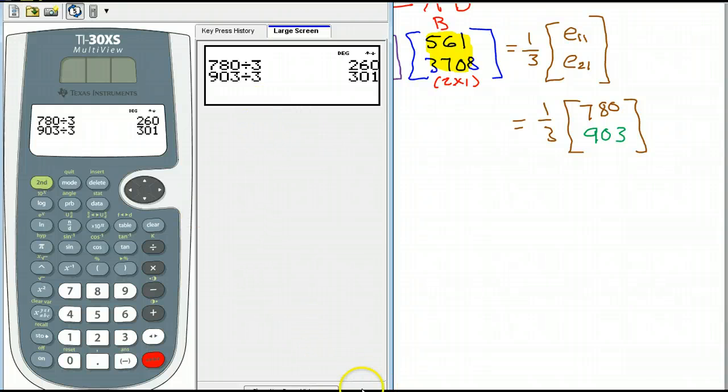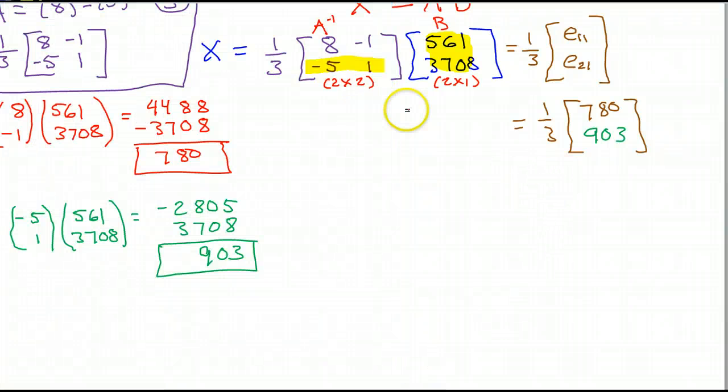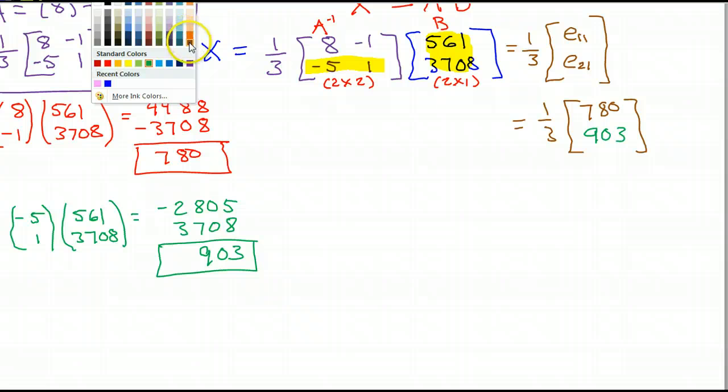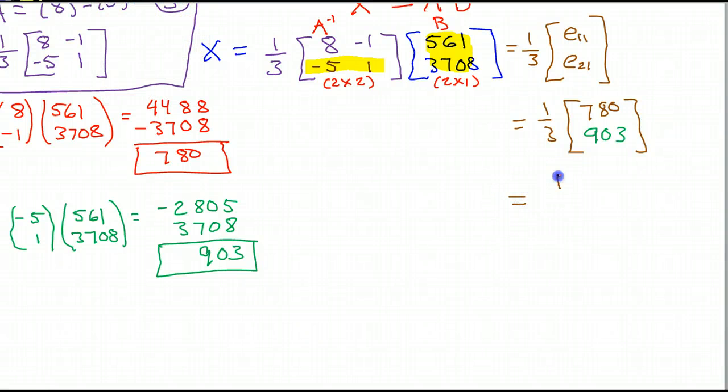So those are the two answers that we are dealing with: 260 and 301. I did not mean to put the 1/3 again. We just divided by 3, so no more 1/3. So this is the final answer.